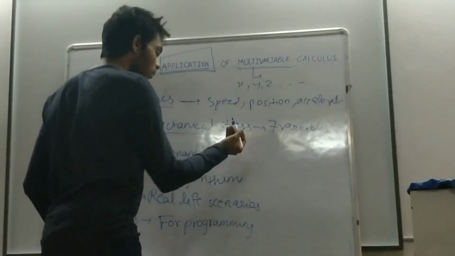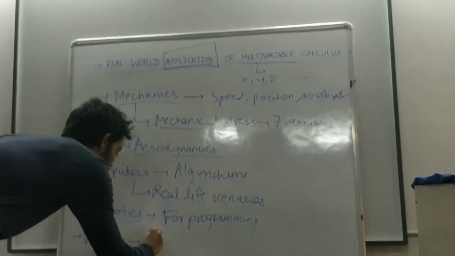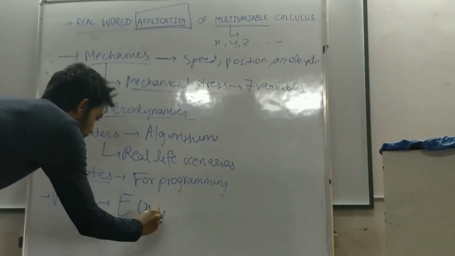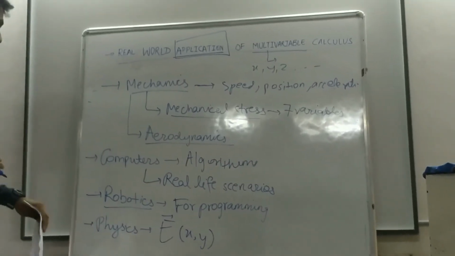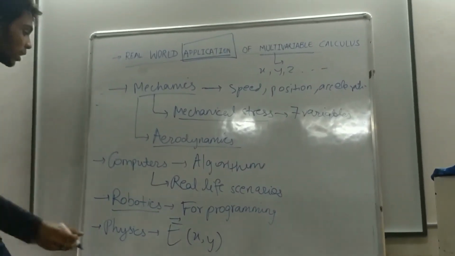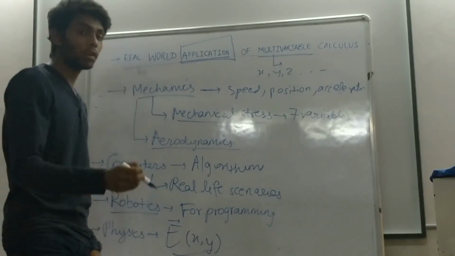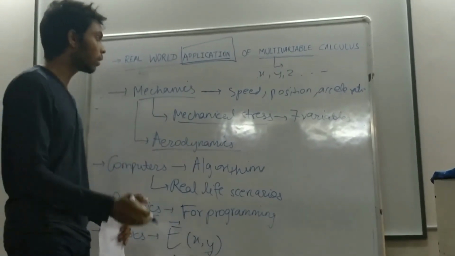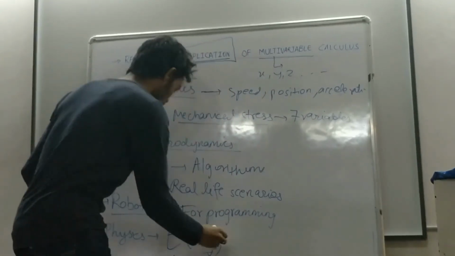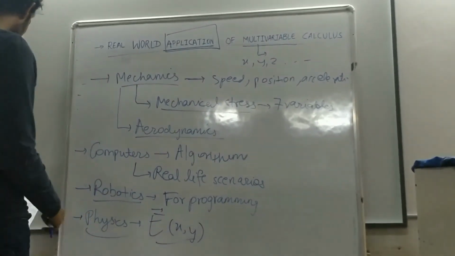So basically you might be given the electric field at a point in x and y direction vector. You need to find the electric field at a point on the z axis. This is a two variable concept. We need to implicate it in a point on a z axis. So for that we need multivariable calculus. Distribution physics also.